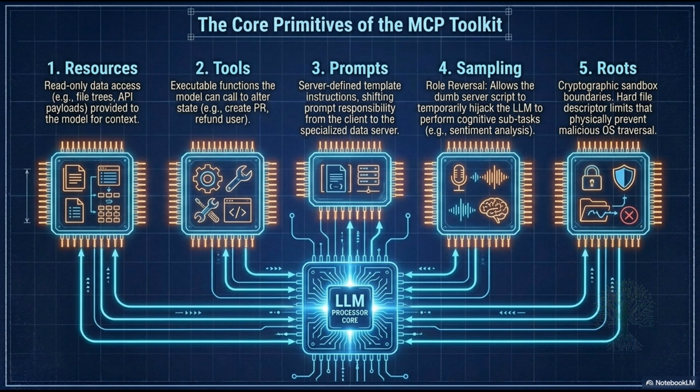Okay, let me trace the payload of this role reversal, just to be clear. Say the MCP server is pulling in a massive dump of application logs, and it needs to filter out false positive errors before saving them to SQLite. Good example. The Python script hits a bizarre error string it doesn't understand, so it creates a create message request and sends that JSON payload up the stdio stream to the VS Code client.